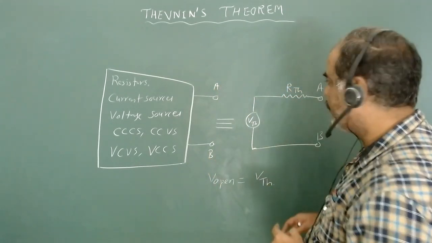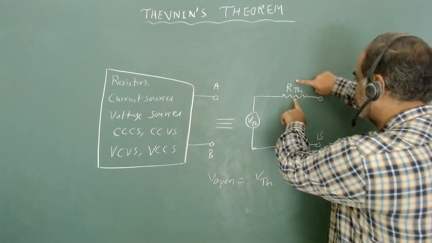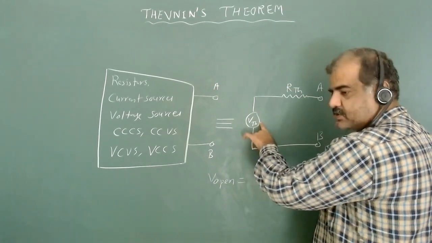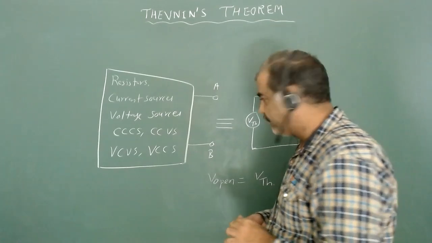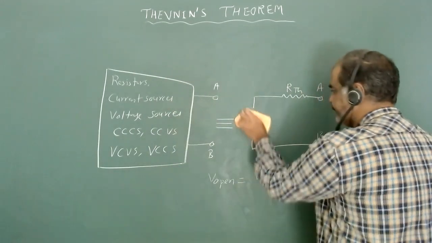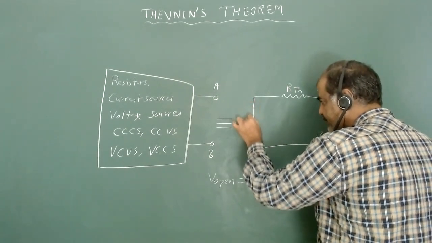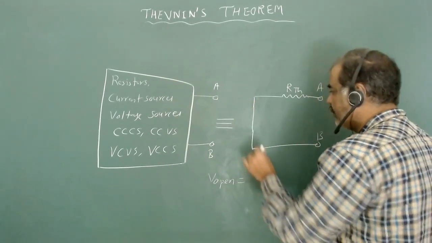Now, in order to measure R Thevenin, I will turn off all the independent sources. That means voltage sources are replaced by short circuits and current sources by open circuits.